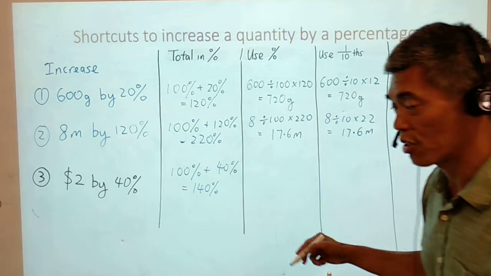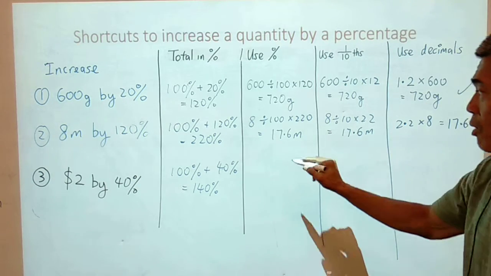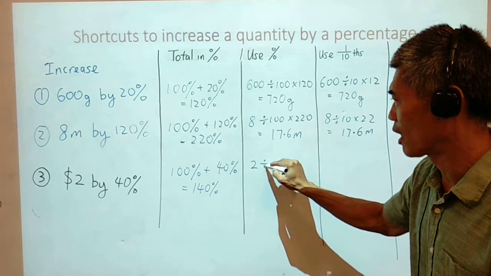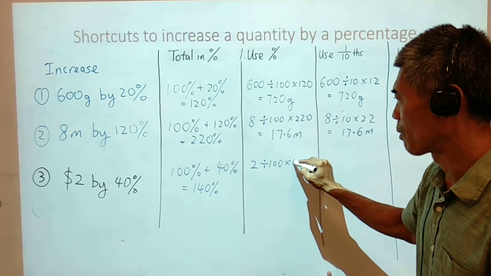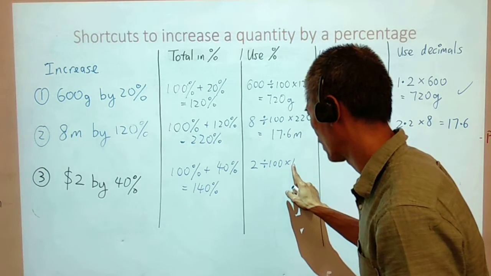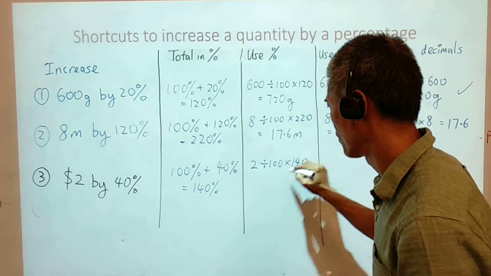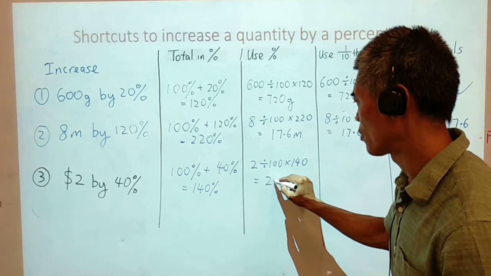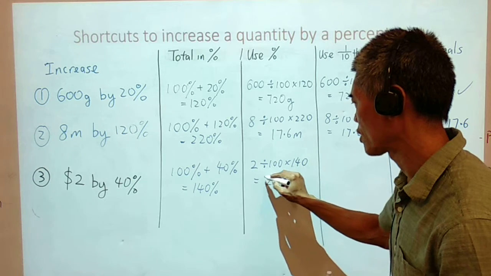So using the definition of what a percent is, we're going to take $2, divide that by 100, multiply by 140. So that gives us $2.80.